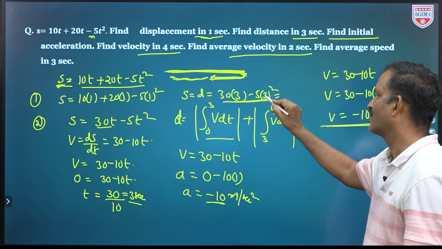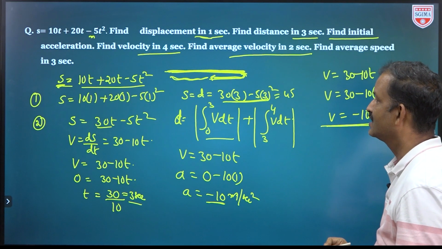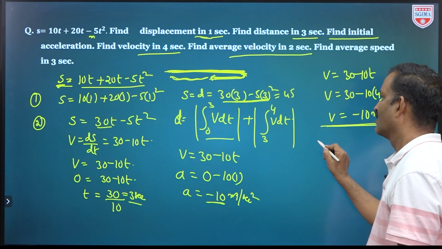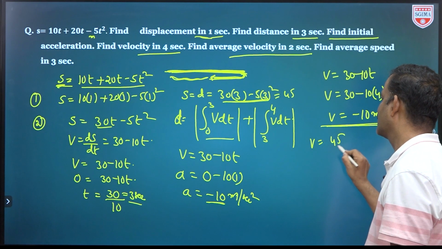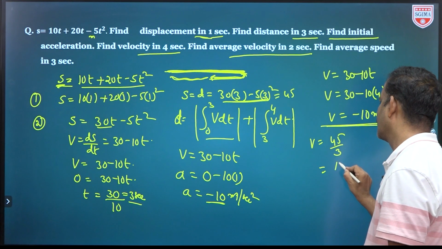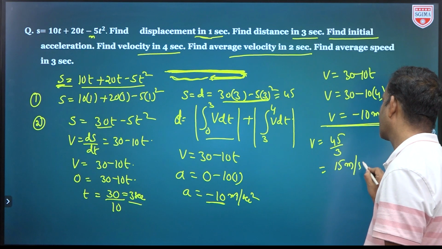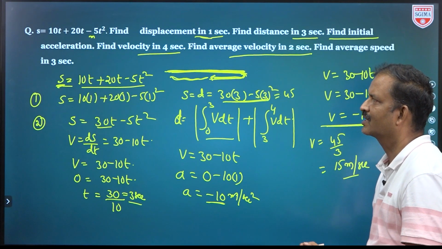So average speed in 3 seconds is total distance 45 by 3. So 45 by 3 is 15 meters per second. If centimeters is given, then centimeters per second.